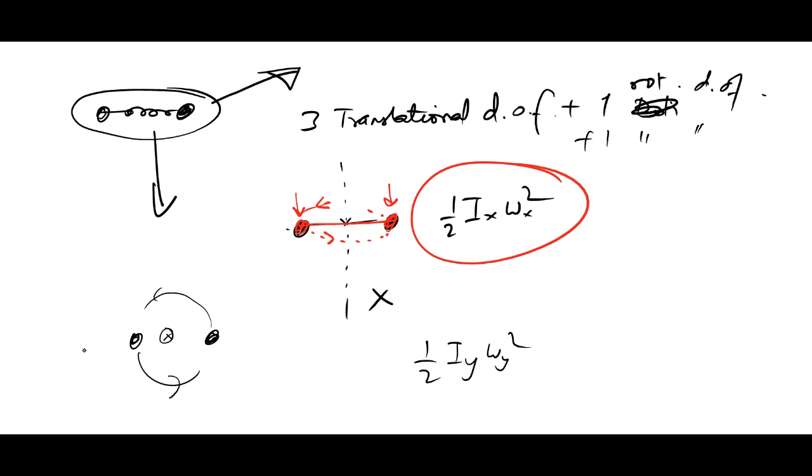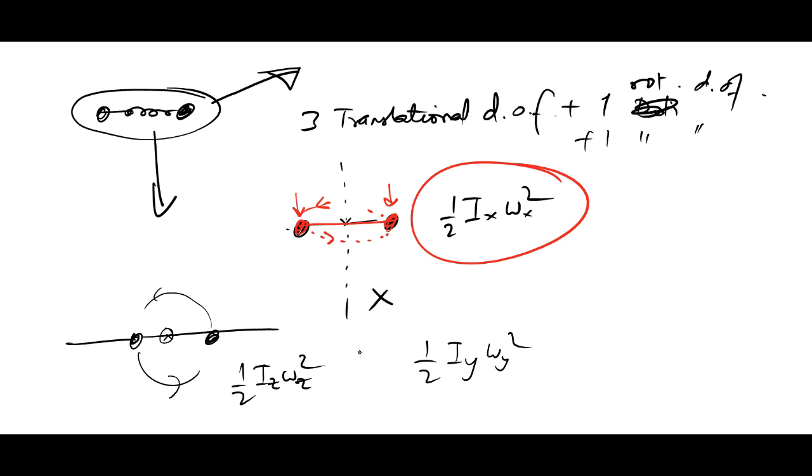And the z-axis, which passes through the molecules, doesn't contribute to any extra kinetic energy, because even if I apply the formula half Iz omega z square, which is the rotational kinetic energy about the z-axis, you see that the individual atoms are so small that they are effectively particles.